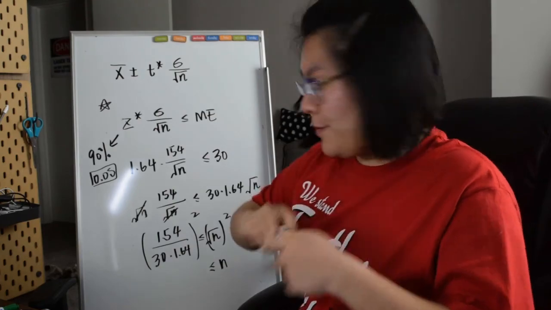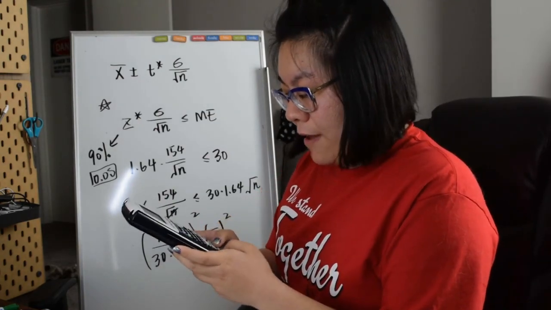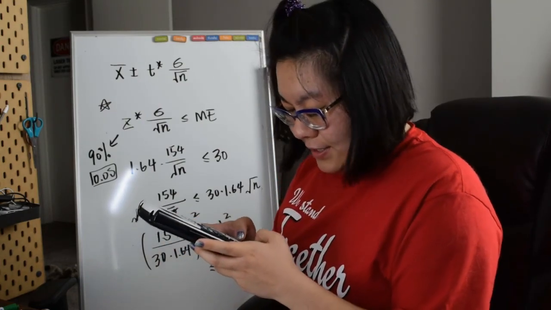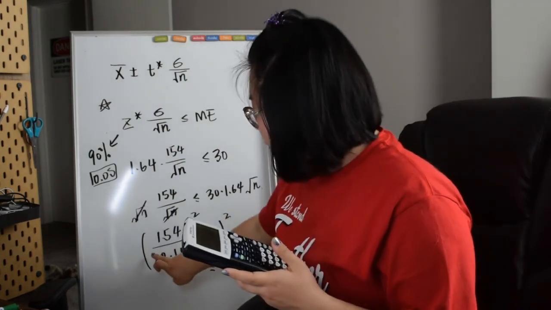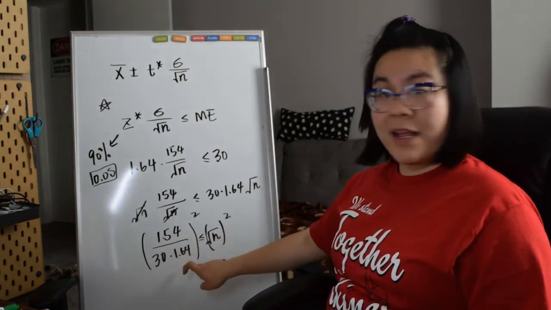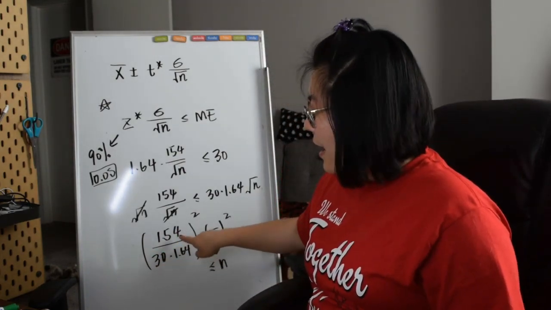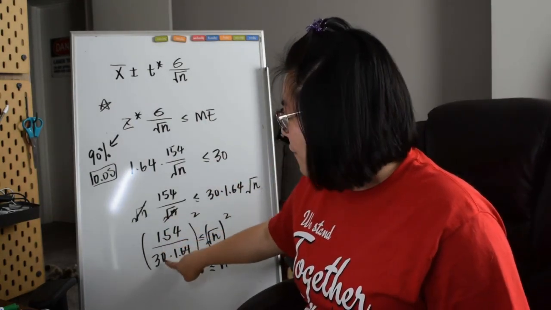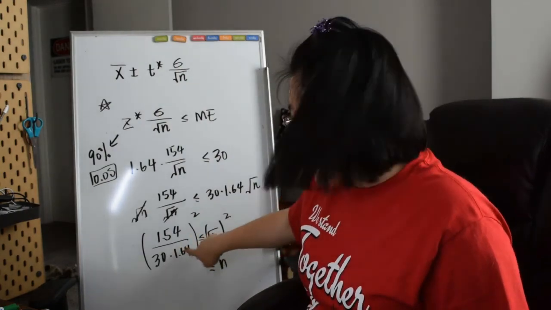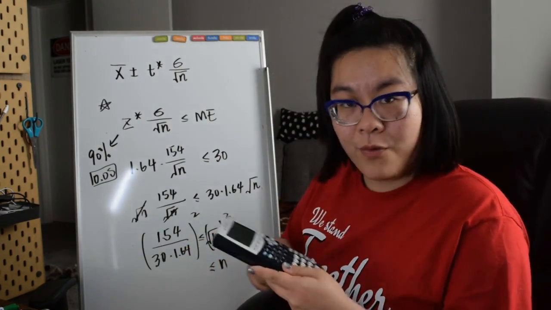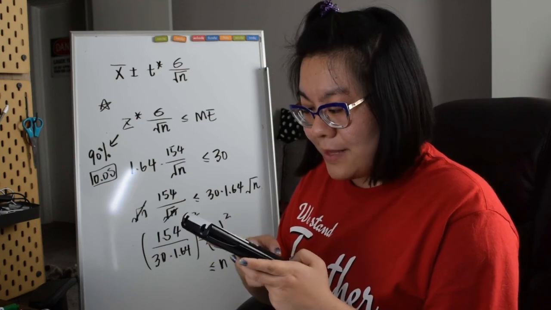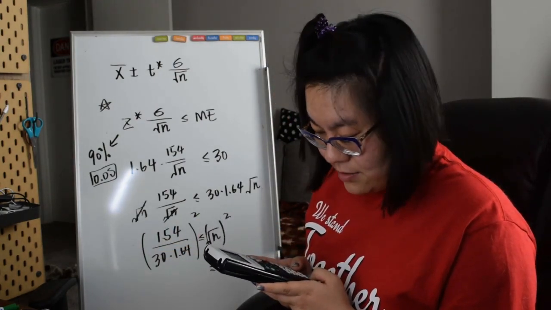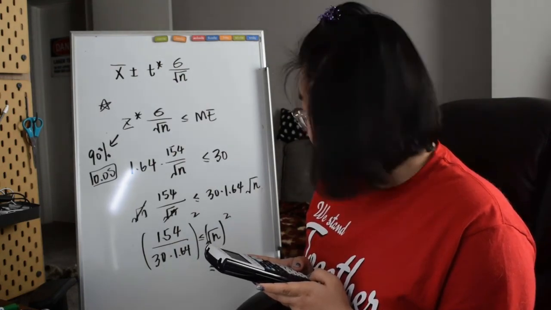Okay. Let's put that whole thing in the calculator. 154 divided by parentheses 30 times 1.64. Over here, you need to put in the parentheses. If you are not doing that, then the calculator thinks you are doing 154 divided by 30 first, and then multiplying by 1.64, which is not right, okay? Put the whole denominator inside parentheses. Okay, interesting.